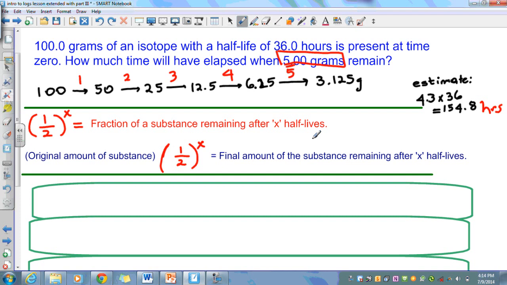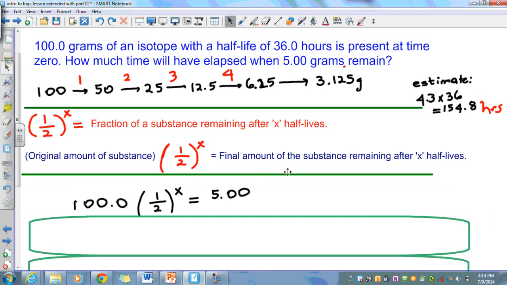So for this question, let's see what we were given. We have 100 grams initially, so this is going to be replaced by 100 times 1/2 to the x, and we also know the final amount. The final amount is 5 grams, so we're going to put 5 on the right hand side. So 100.0, with the given significant figures, times 1/2 to the x equals 5.00.